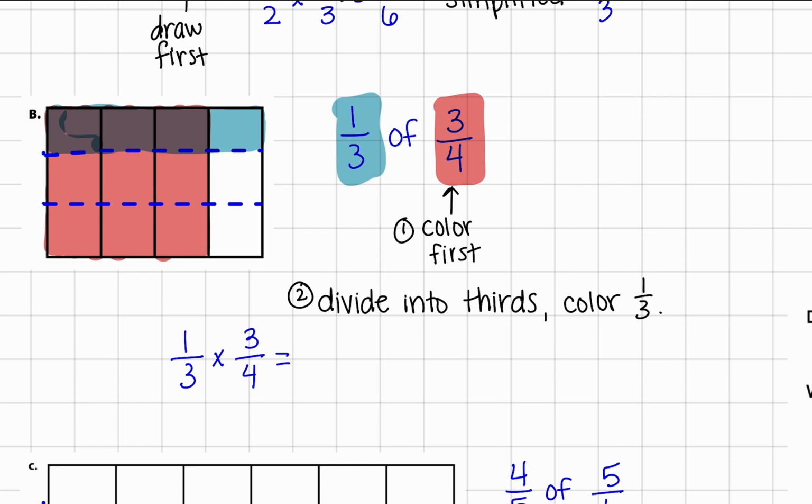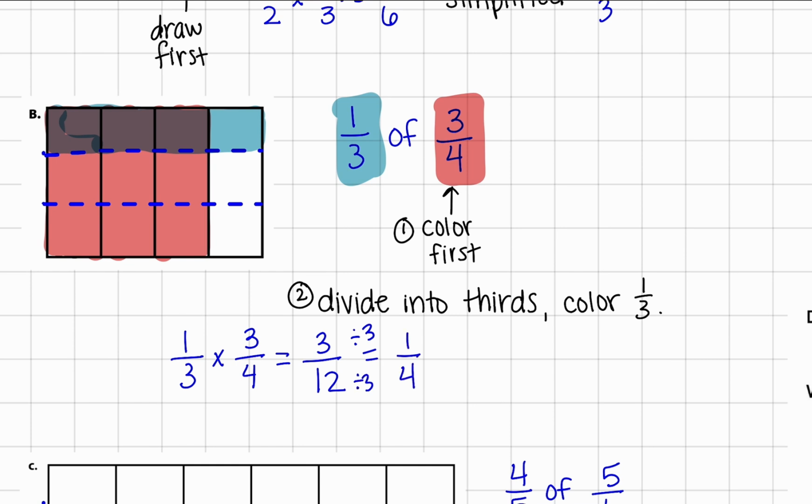Okay, so 1/3 of 3/4 is 3. And how many pieces total are there? 12. So 3/12. And if we simplify that down, both are divisible by 3.